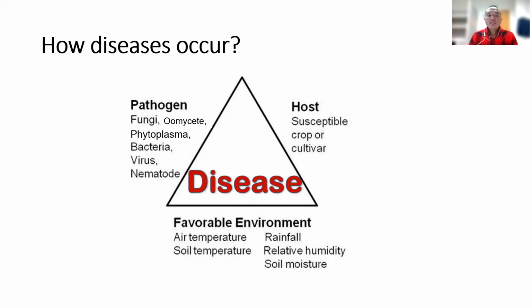Again, these three aspects have to be present in order for a disease to occur. If one of these three aspects is missing, then disease will not occur.